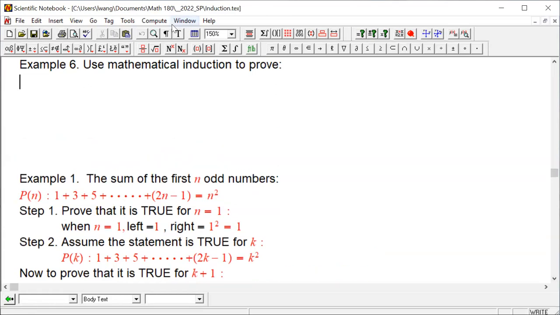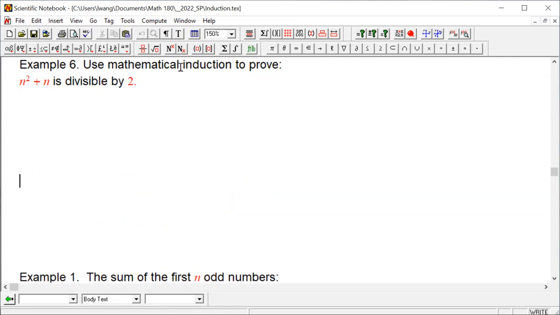It's asking us to prove that n squared, not n to the power 3, plus n is divisible by 2.